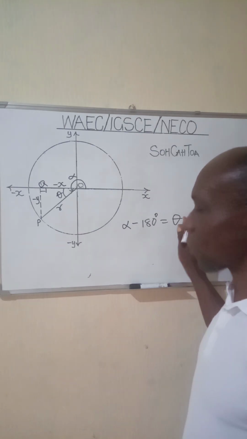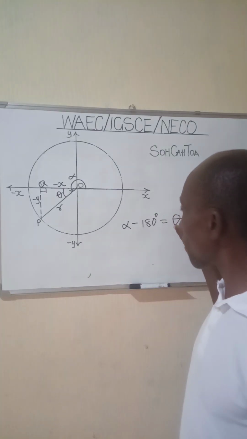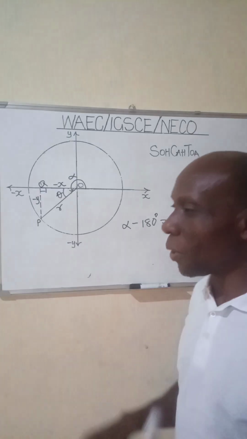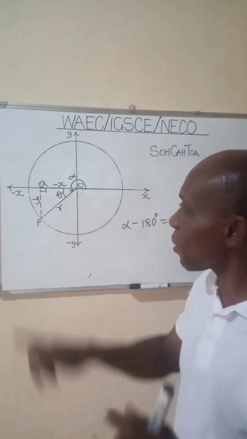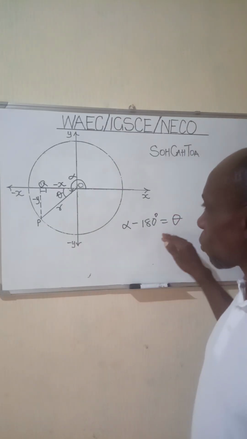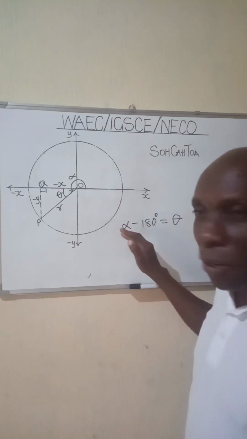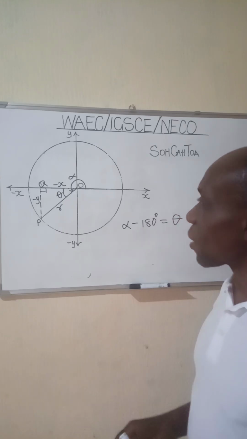Theta. Very important: alpha minus 180 degrees will give you theta. Theta is that acute angle that you would use to read up the values, the sine, the cosine, and tangent of alpha from the trig table. So this is what you do. Whatever is the value of alpha minus 180, whatever you have is theta. So this theta is what we would use.